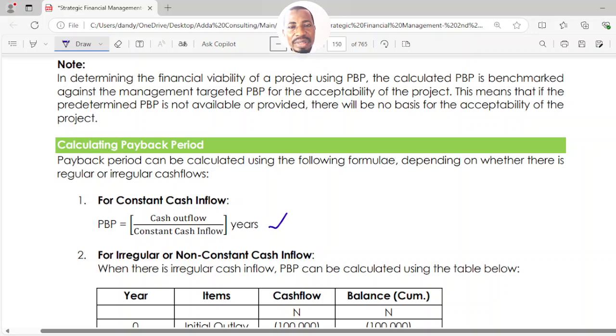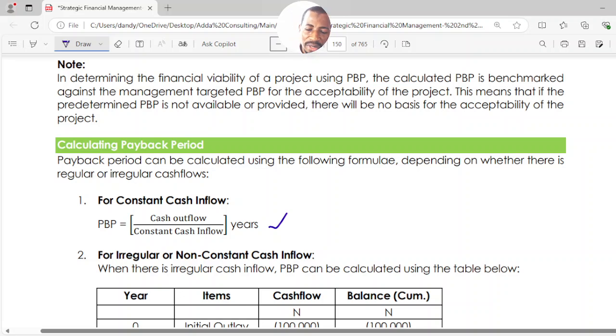What that simply means is that every year it will be 50,000 naira cash inflow. Year one, 50,000. Year two, 50,000. Up to year five, 50,000. So because the cash inflow is constant, you are not expected to use the tabular method because the formula will be faster. Just divide the initial outlay by the constant cash inflow, and you get your payback period.